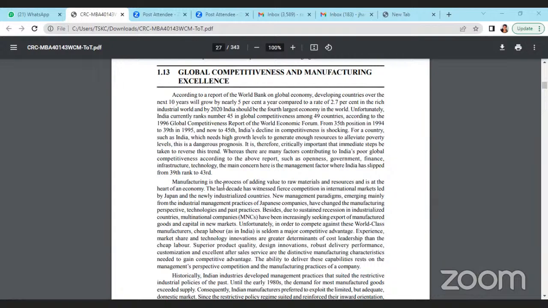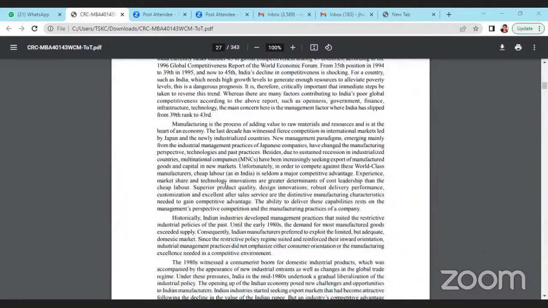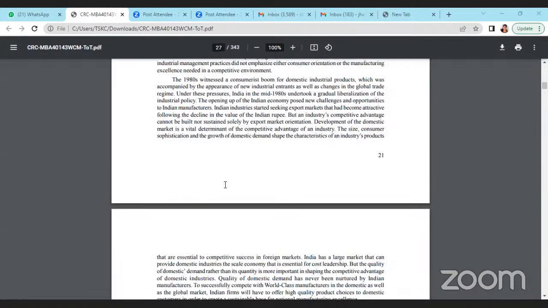Is it adding value to the raw material or resources at the heart of the economy? Because of this, is there any improvement in any organization or any country? Mostly these practices have taken place in Japanese companies, and the World Bank says the global economy and developing countries in the next 10 years are going to have a 5% increase compared to 2.7% for industrially developed countries.